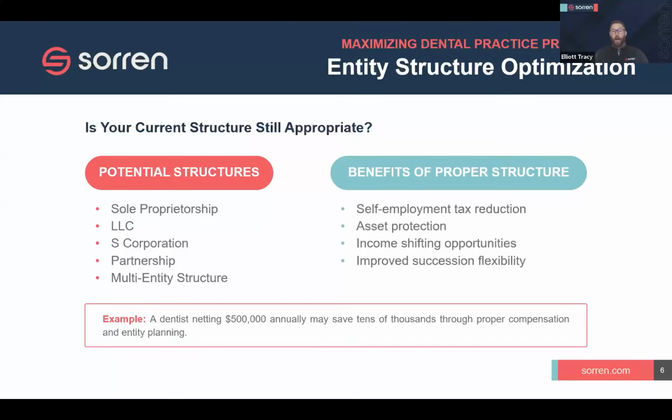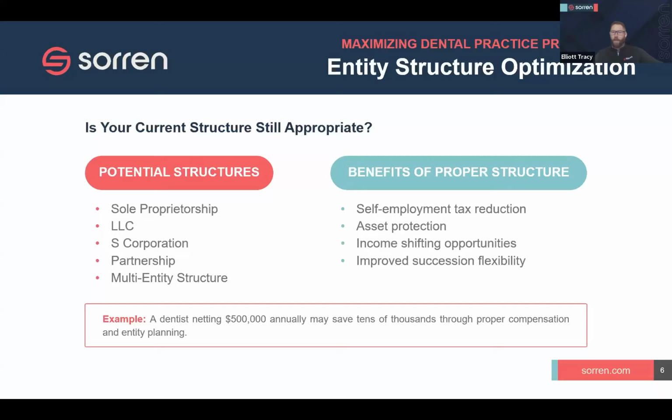Another item we're going to talk about, entity structure. So making sure we optimize what kind of entity we have. This could be anything from sole proprietorship, LLC, S corporation, partnership, or some type of multi-entity structure. We have a lot of options there in terms of potential structures. But really, why would we even be talking about all these different ways of structuring your practice? We're looking for benefits within those structures. So you might switch to an S corporation to help with the self-employment tax reduction.